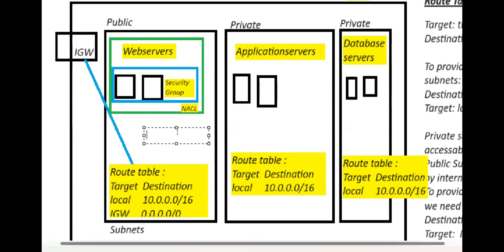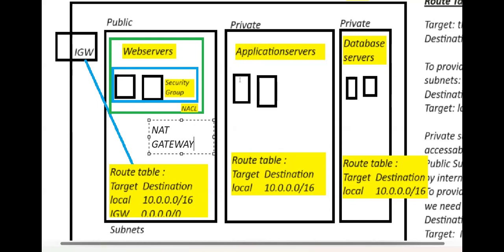So let's say the NAT gateway is present here. You provided access to this NAT gateway. You allowed the traffic that is coming from this NAT gateway in the route tables of your private subnets.